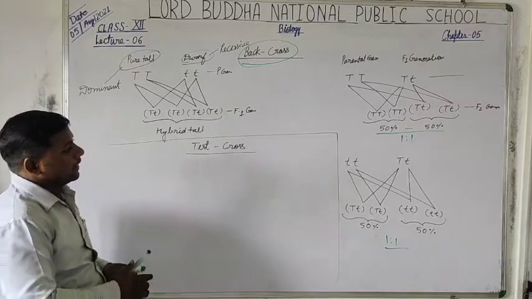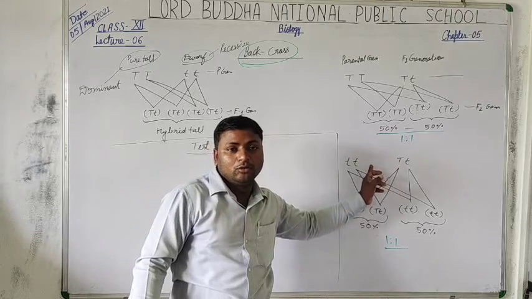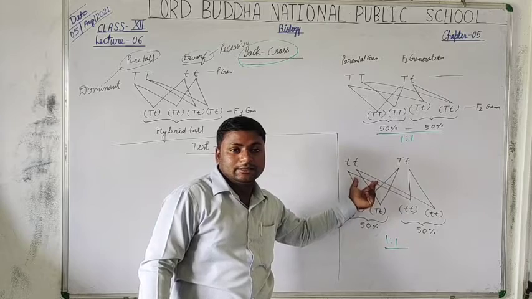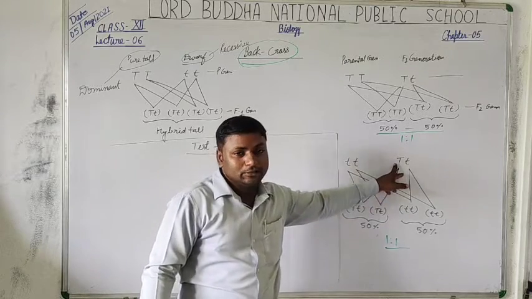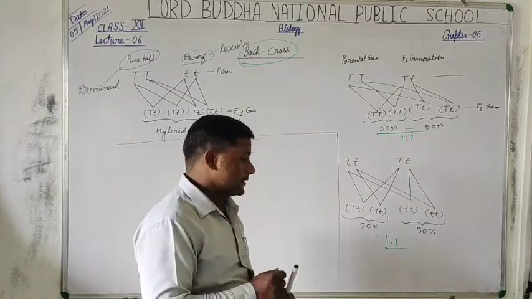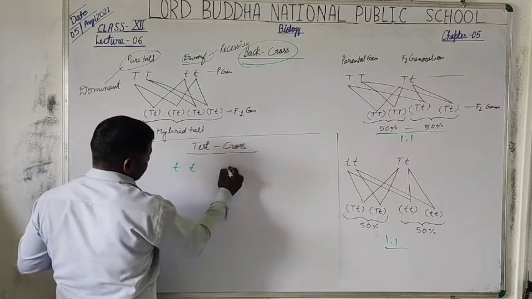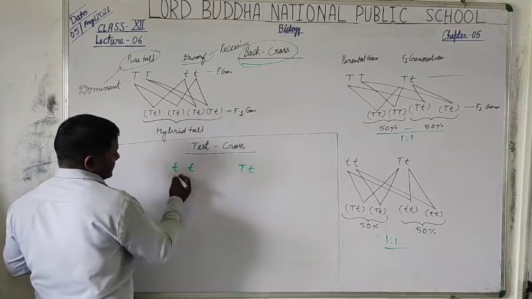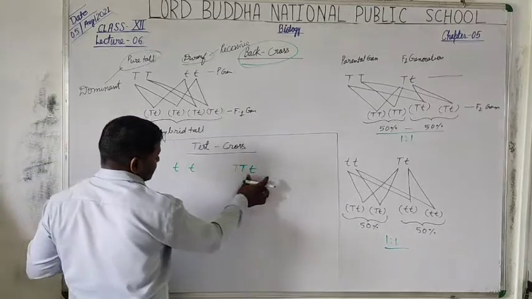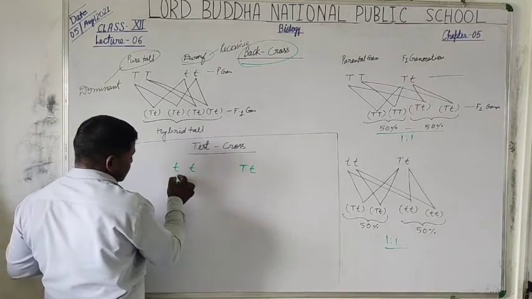In test cross, always a parent having the homozygous recessive trait is crossed with an individual obtained from the F1 generation, and such a cross is known as test cross. So here we are going to carry out a test cross. This is the recessive homozygous parent and this is the hybrid individual obtained from the F1 generation.